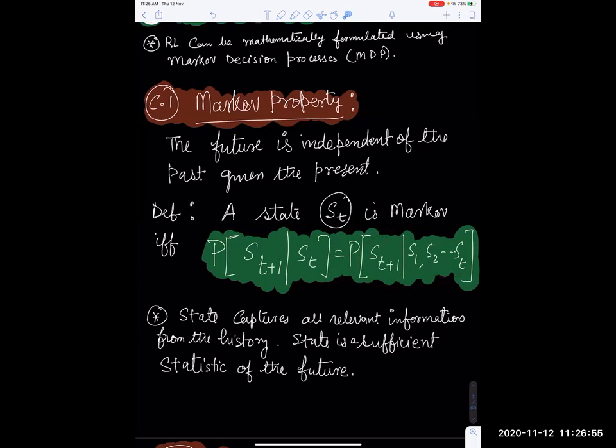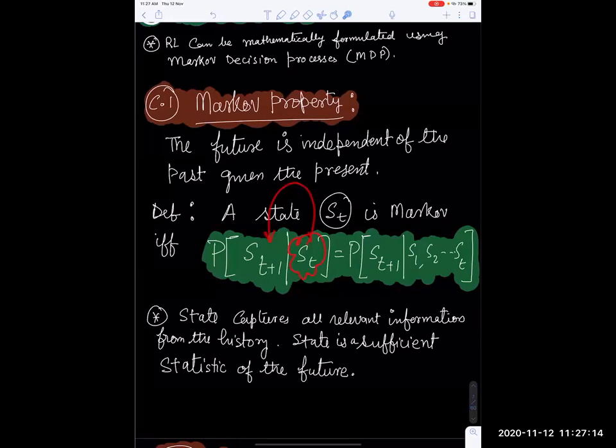You can see that it doesn't matter if you give me only the last state, or you give me all possible states, because whatever is required to estimate or learn what my next state is going to be, everything is being encoded inside this.